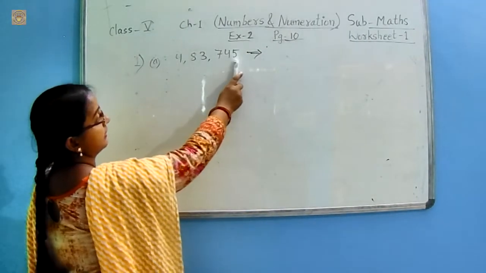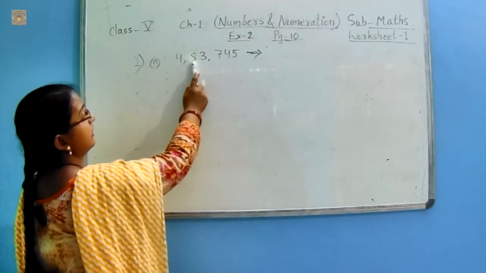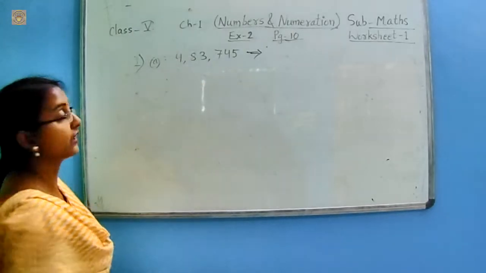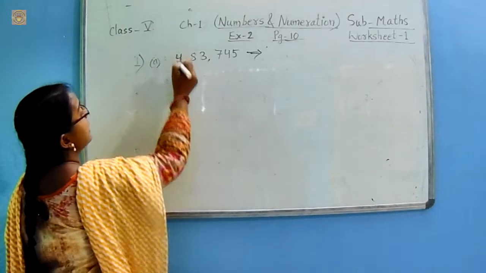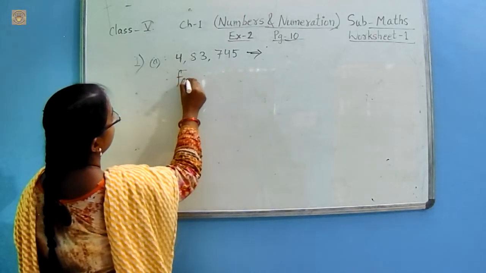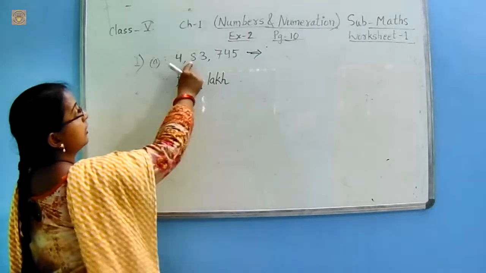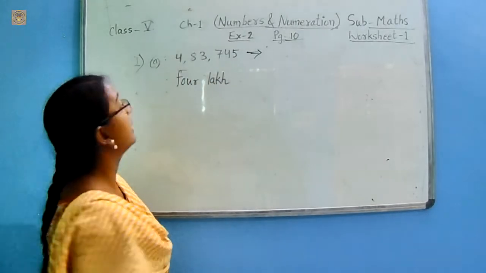So look here: 1, 10, 100, 1000, 10,000, and this is lakh. That means 4 is at the place of lakh. We can write 4 lakh.